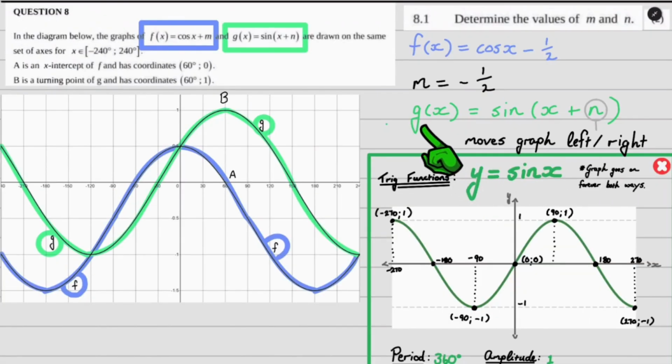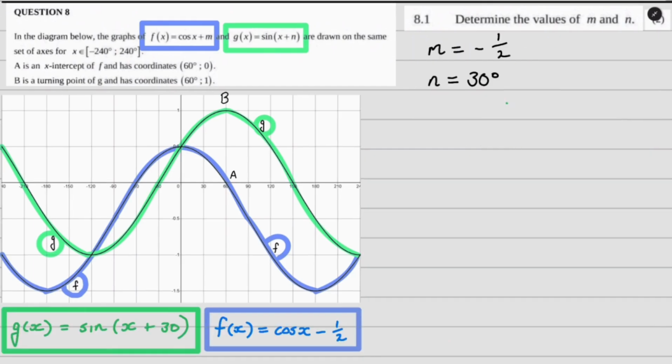And in the equation of that graph, if you're adding something to the angle, inside the brackets, that moves the graph left or right. So we established that this graph moved left 30 units, so it's got to be plus 30 over here. If you're moving left, it's plus, and if you're moving right, it's minus.